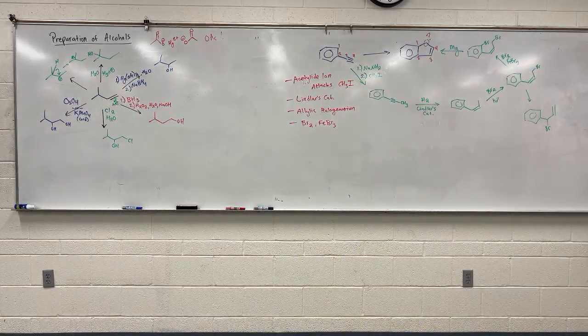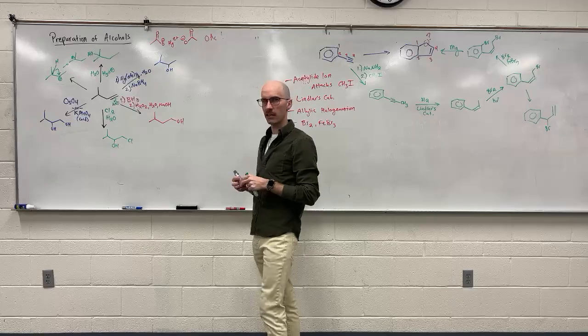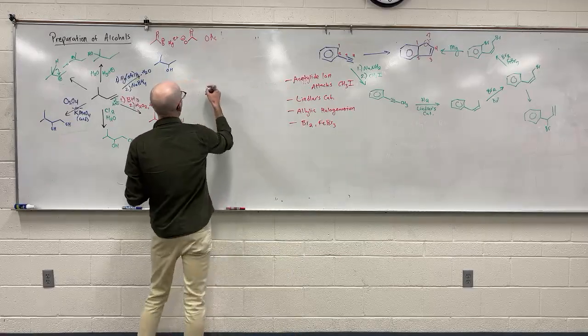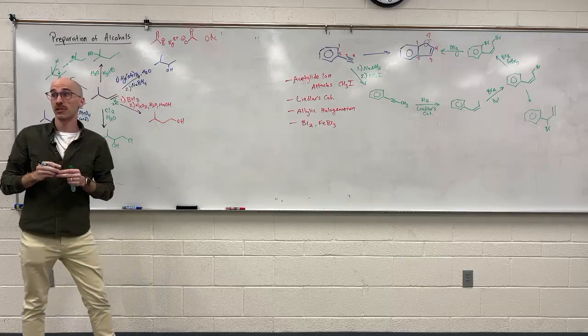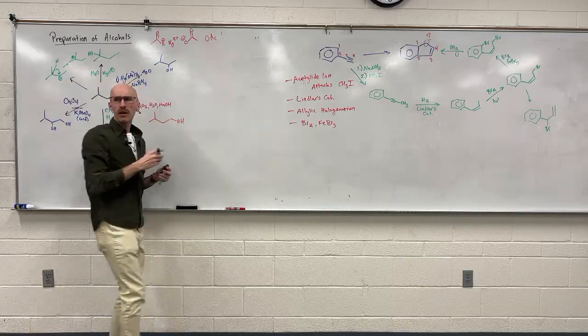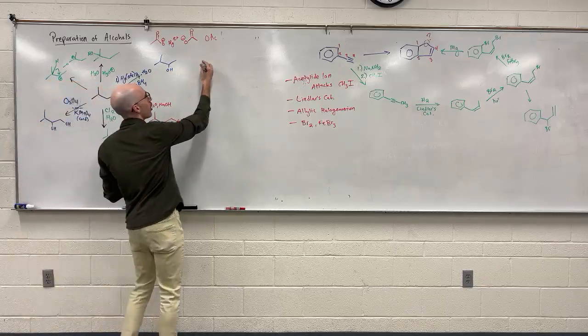Okay, but there were a couple of other ways that we've already seen to make alcohols. By the way, I keep forgetting to say this, but these are all previously seen. One of our other previously seen reactions, can you guys think of a way to make an alcohol? Substitution. Substitution to make an alcohol.